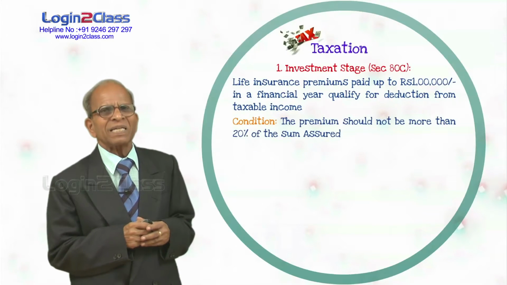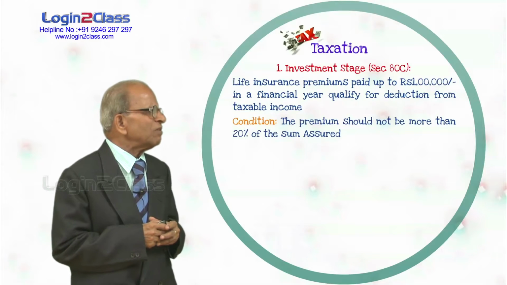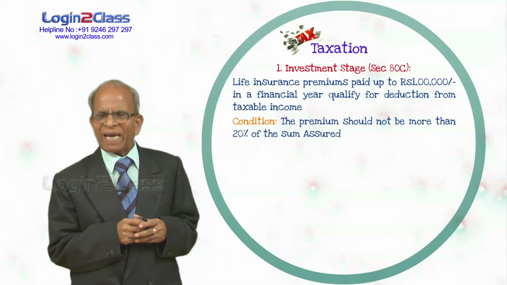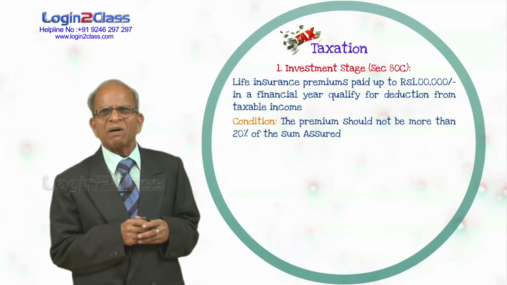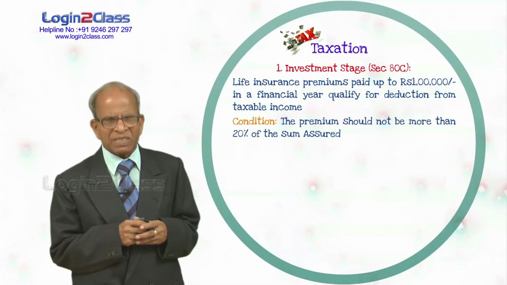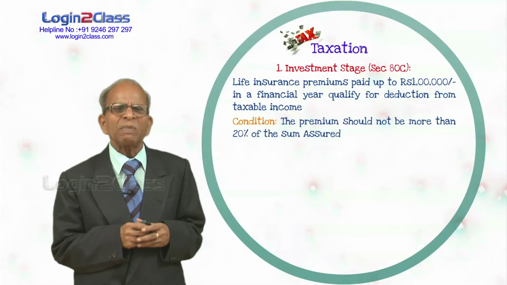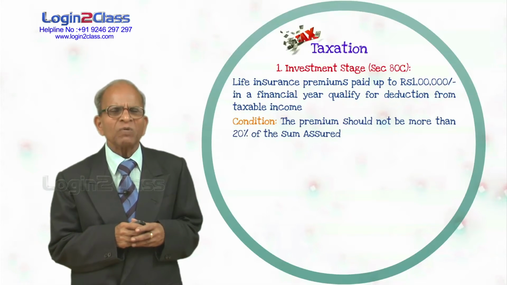Now there is one condition. The premium should not be more than 20% of the sum assured. You have taken a policy for 1 lakh. The premium is 20,000. That is, it is a 5-year policy. Normally, nobody takes a 5-year policy. You have taken a 1 lakh sum assured endowment policy. You are paying 20,000 rupees premium. You will get the exemption.